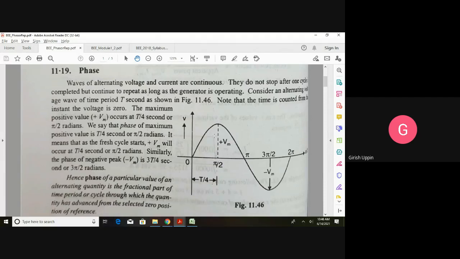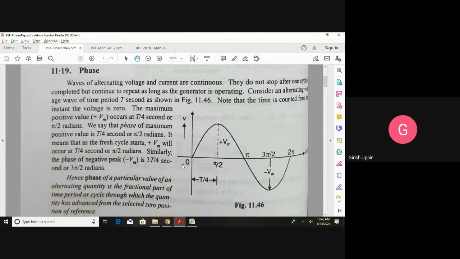Let us say this alternating quantity starts from here, at pi by 4, half of that. Then the alternating quantity is starting after pi by 4 from reference 0. So we say that alternating quantity has a phase of pi by 4.